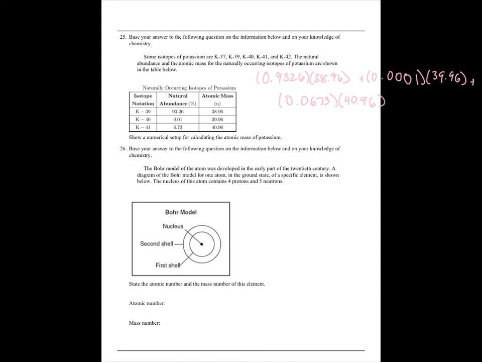So you take each of these percentages, convert them to decimals, and then multiply across, and then add them all up. And that's it for a numerical setup.